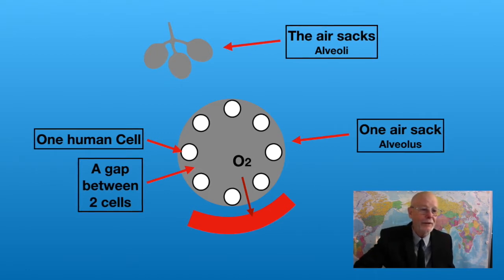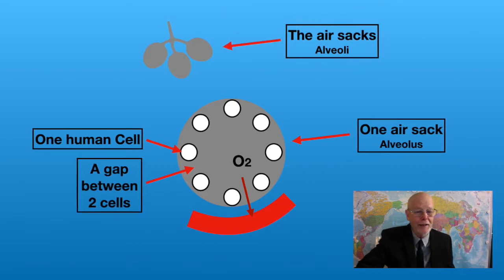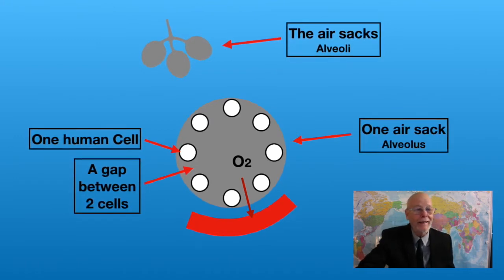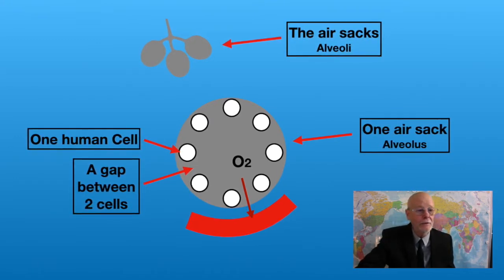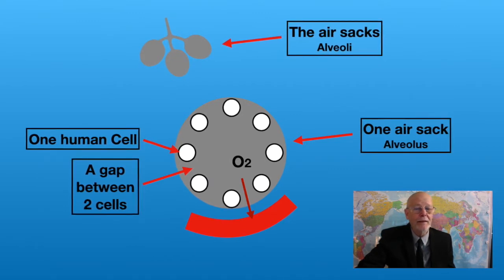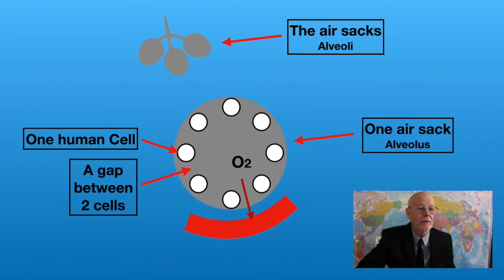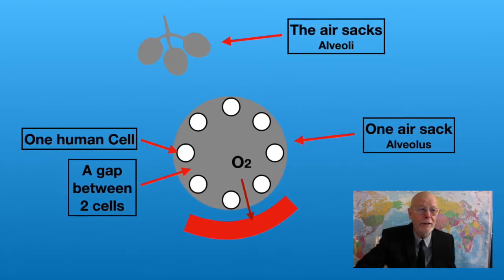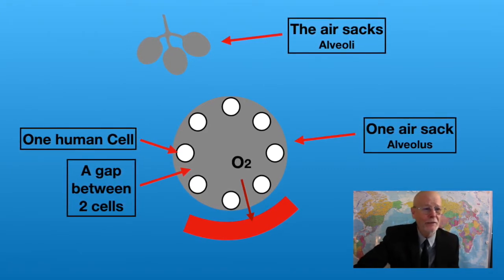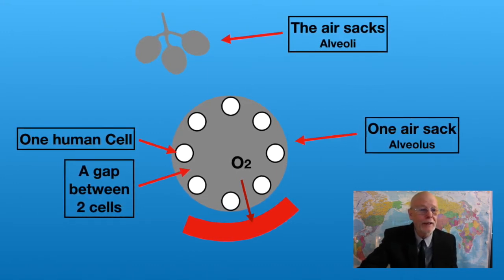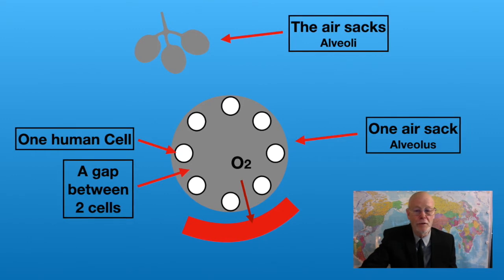The surrounding surfaces of those air sacs is very thin, made up of only 1 layer of cells. And when the air is breathed in, it contains 21% oxygen. And that oxygen can pass through the gaps between those cells.